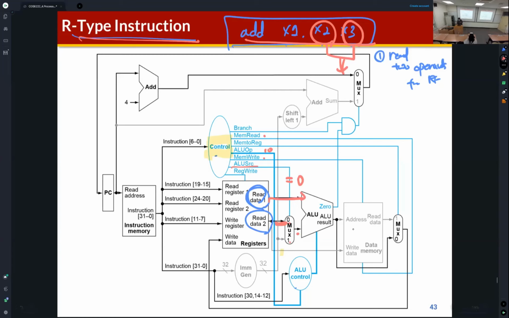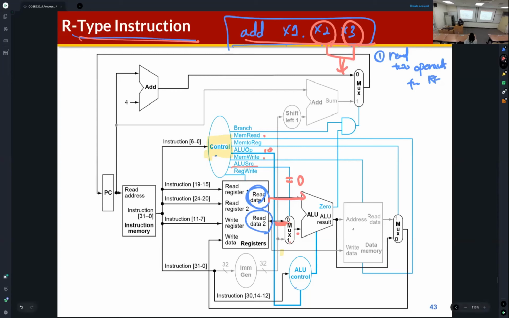So let's focus on the data memory. For the R-type instruction, what are the values of memory read or memory write? So first, you need to know that the R-type instruction does not access data memory, which means this instruction does not need to read or write data memory.